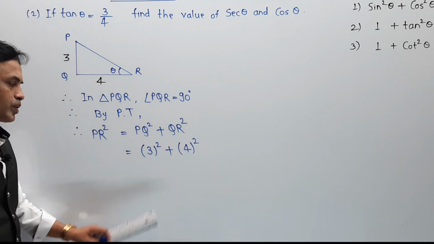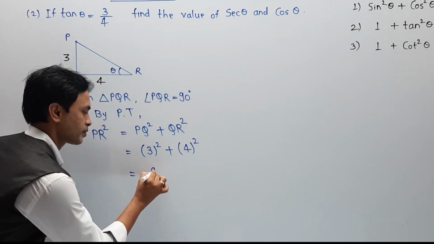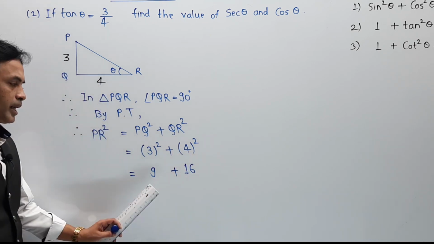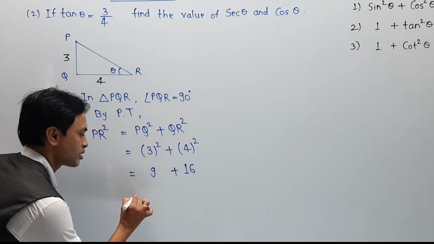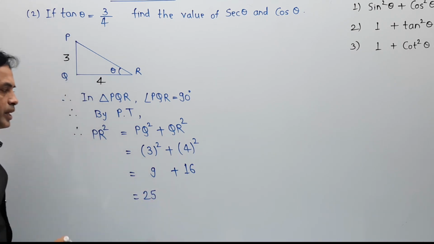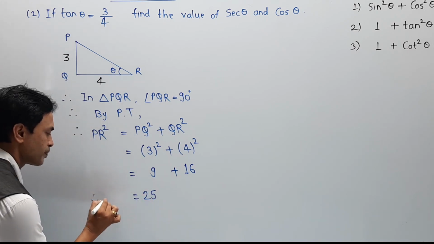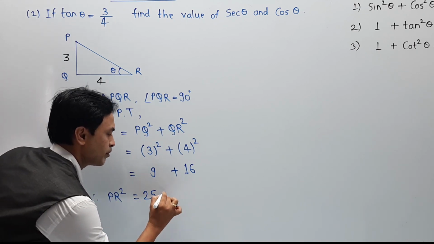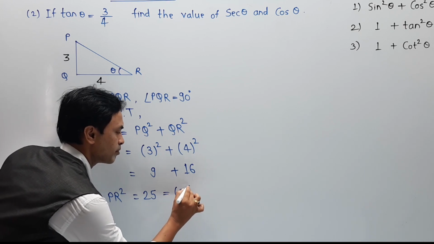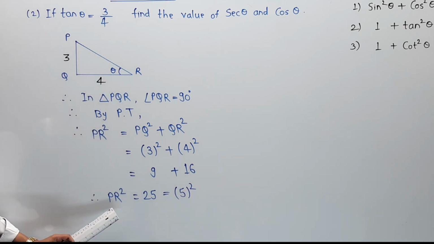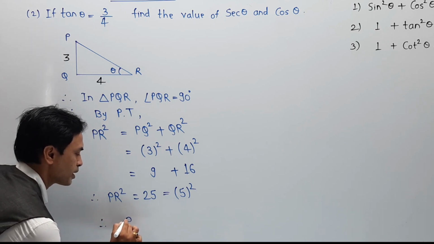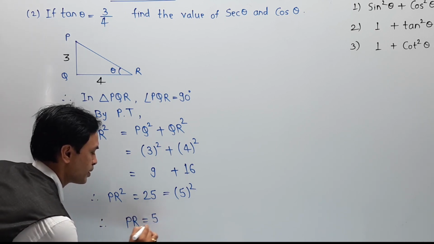The value of 3 square is 9 and 4 square is 16, and 9 plus 16 is 25, and that is nothing but PR square. 25 is simply 5 square. Now as PR square is equal to 5 square, you can write the value of PR is equal to 5.